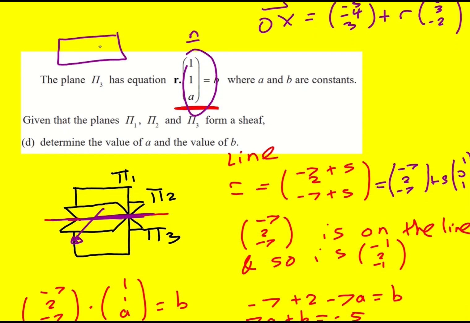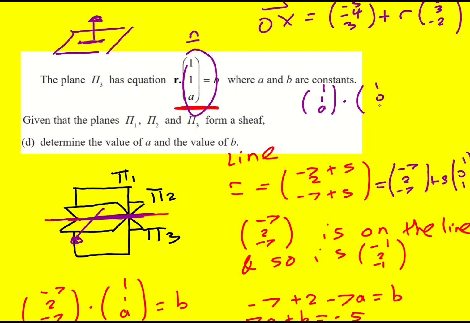Think about it. We've got a plane here. Actually, let me draw it in. Got a plane here. We've got a line going through it. The normal vector is going to be going like that. It's just a bit harder to see. So it must be that (1, 1, a) dotted with (1, 0, 1) is equal to 0. Because they're perpendicular, the dot product is 0. And that straight away gives us 1 plus a equals 0, so a is equal to minus 1.